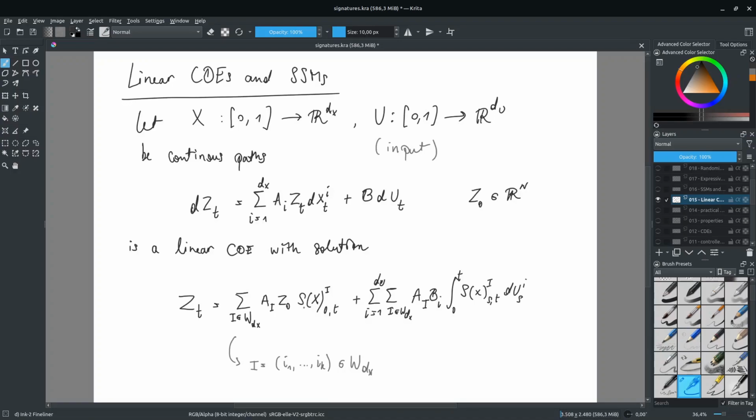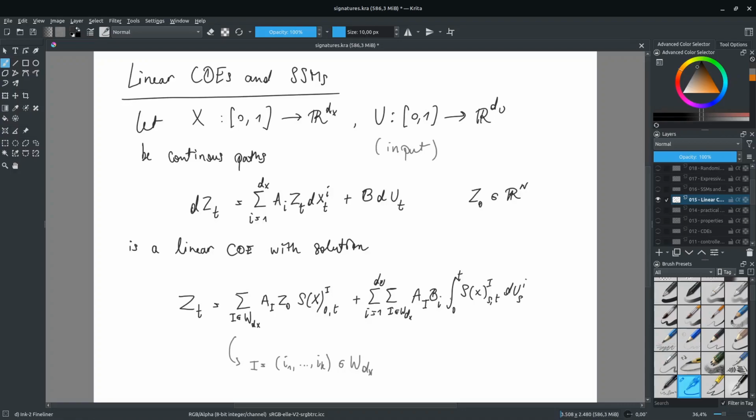So first a sum of A of multi-index I applied to Z0, the initial state, and then the signature transform for that multi-index, and then the double sum over each channel, and again over each multi-index, of A of multi-index I, and then B over channel i, and then an integral over the signature transform.